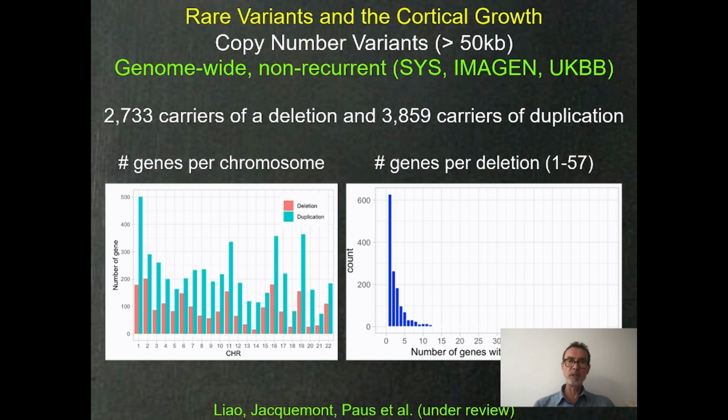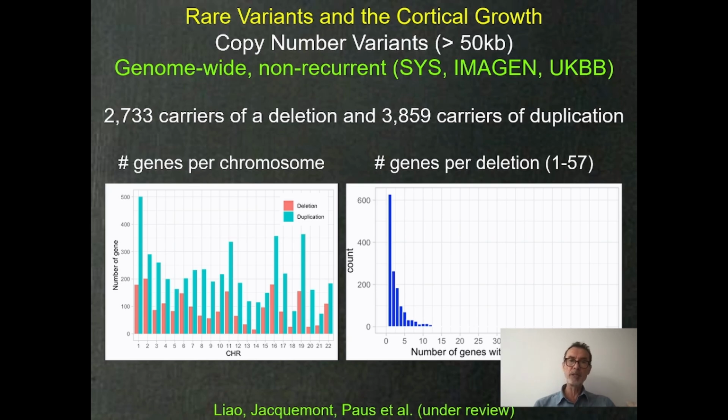Here I'm just showing that those are distributed across the whole genome, of course, in relation to the size of the different chromosomes. And for any given individual, we may see up to roughly 10 deletions across the genome. So in the majority, of course, we see none.